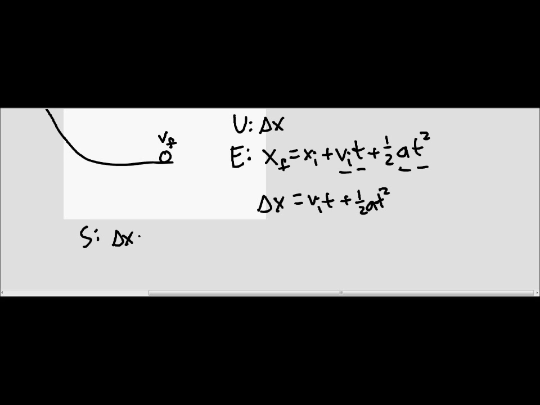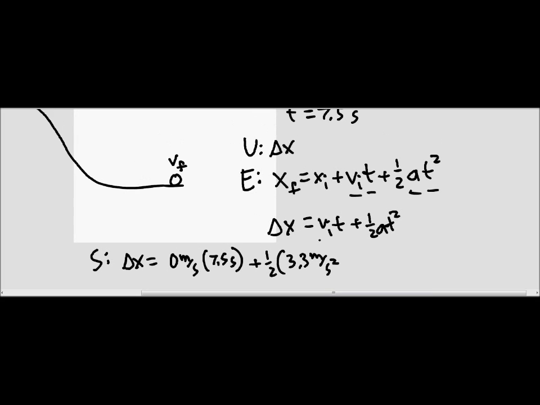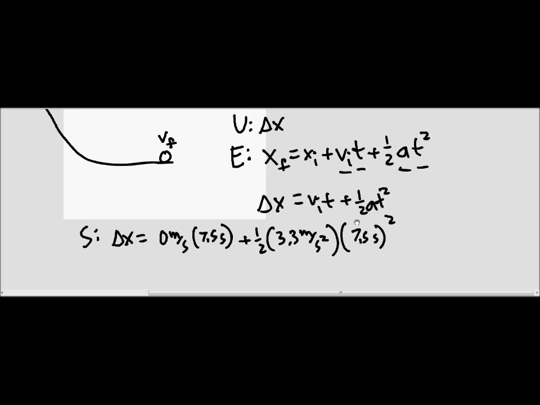So we have change in x is equal to 0 meters per second times time, which is 7.5 seconds, plus 1/2 times 3.3 meters per second squared times 7.5 seconds, and that's squared.